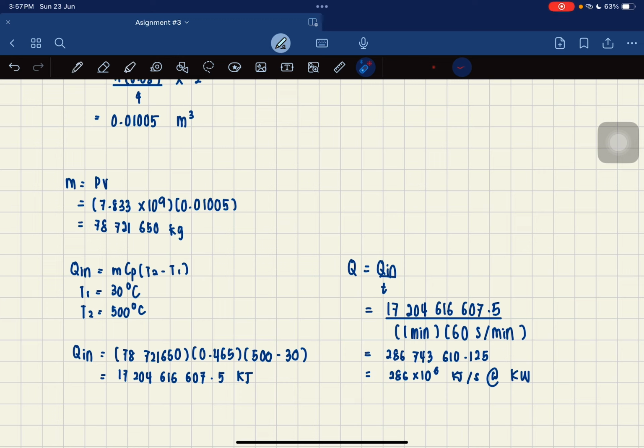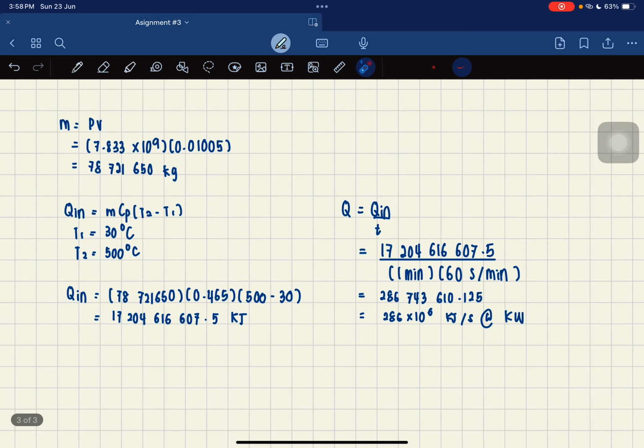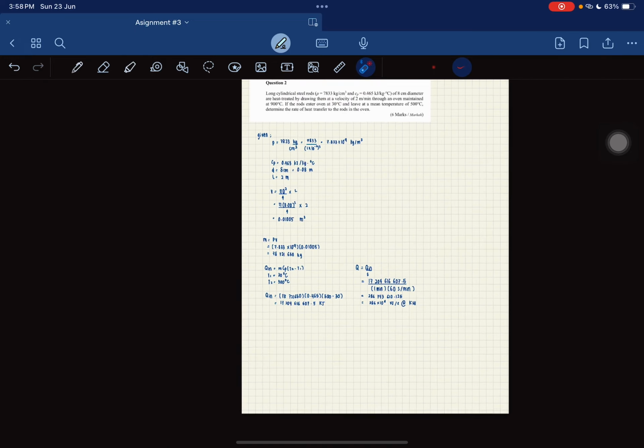And we substitute into the formula Q in, which is m Cp times (T2 minus T1), and we get the heat in kilojoule.